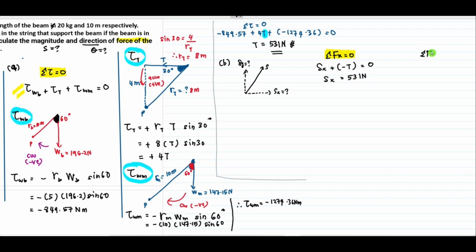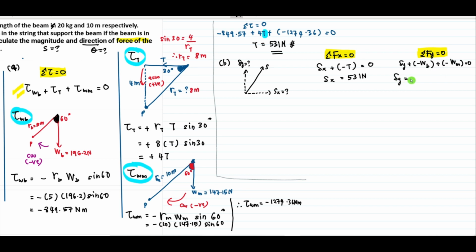Okay. And then total Fy equal to 0. Kita buat perkara yang sama. Refer kepada free body diagram yang kita dah lukis tadi. We have 3 forces. Sy, direction dia upward, plus the weight of the beam, which is downward, plus the weight of the mass, which is also downward direction.